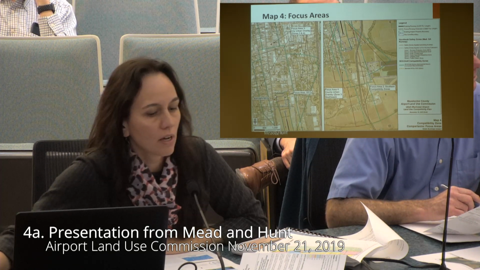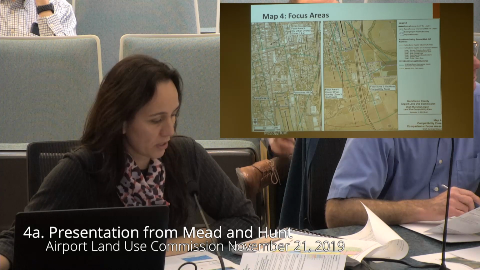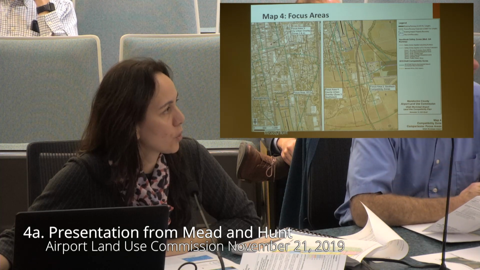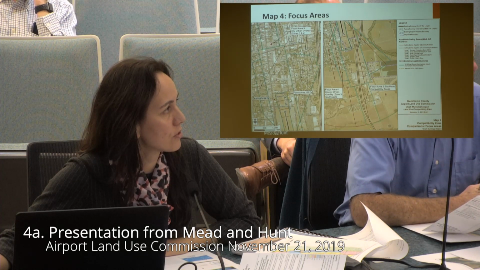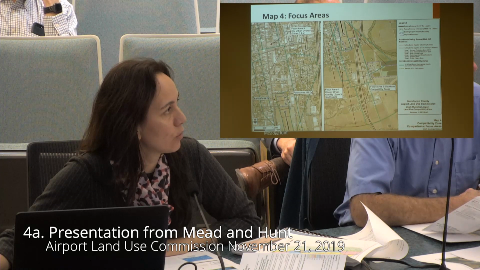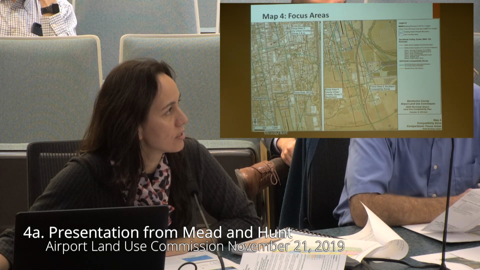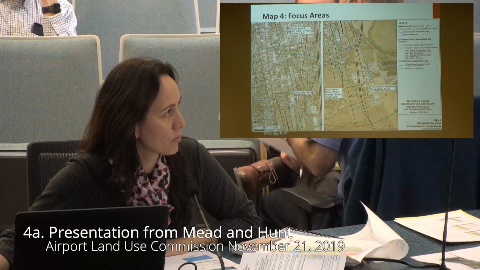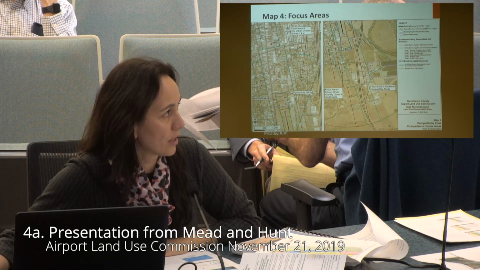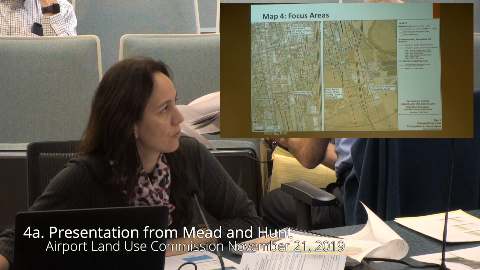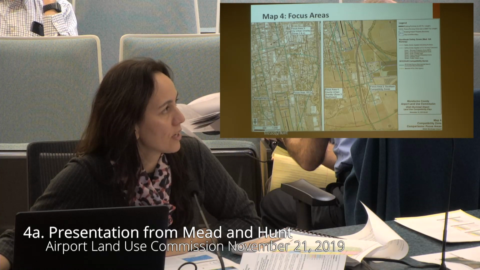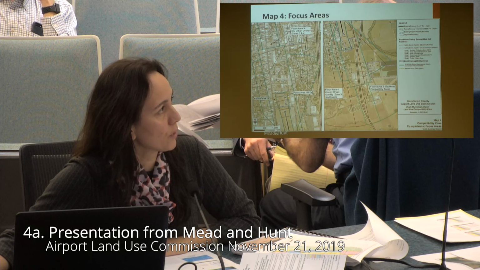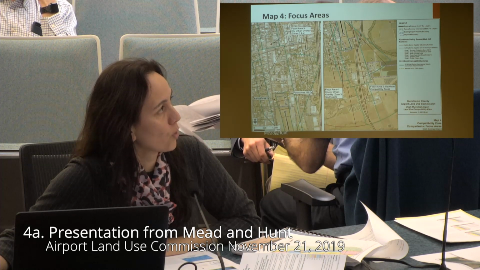Right here. It's hard to see on this image, but on your printed map, there's a yellow dashed line that connects the corners of the runway protection zones on either side, and it would increase restrictions beyond that provided for just the runway protection zones as shown in the ALP, the airport layout plan. So that's one focus area. The other is the city urban overlay for the city's area, which would be zones 3 and zone 4.